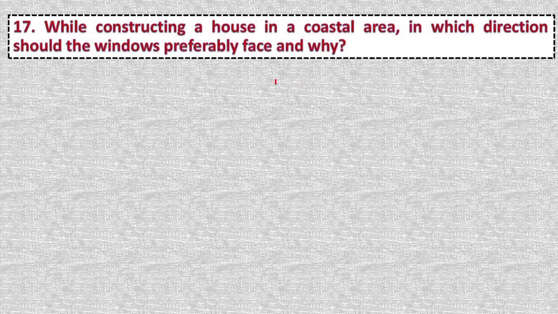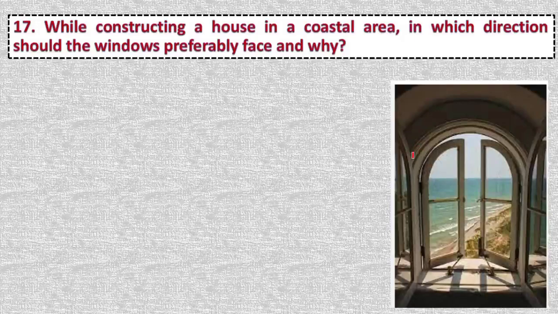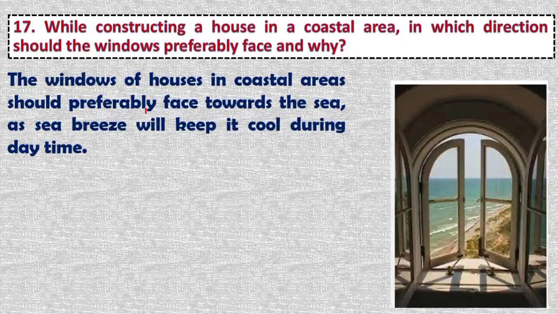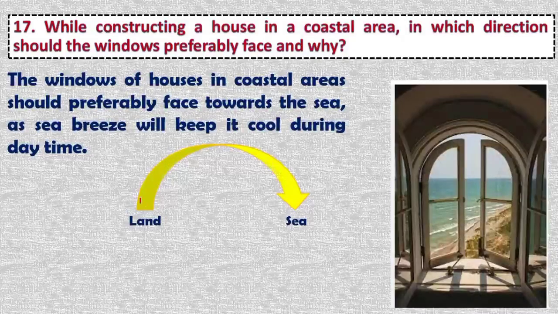While constructing a house in a coastal area, in which direction should the windows preferably face and why? The windows of houses in coastal areas should preferably face the sea, as the sea breeze will keep it cool during the daytime. Let us see, it is a land area and this is a sea area.